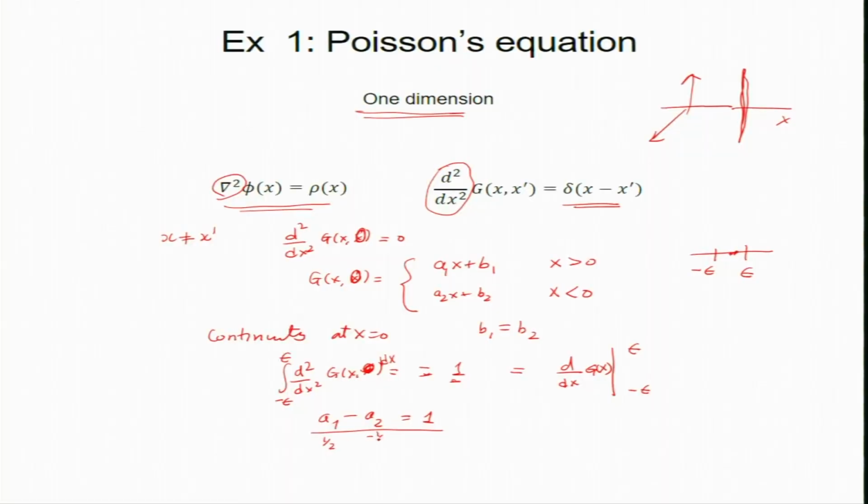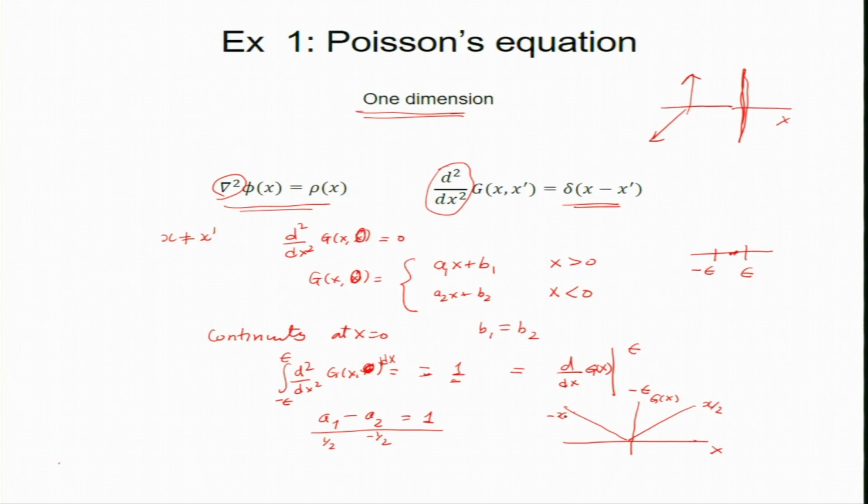I will choose a1 to be half and a2 to be minus half, and b1 I can choose to be 0. I just want the function to look manageable and simple. So, g of x is x by 2 for x greater than 0, since a1 is half, and for x less than 0, a2 is minus half, so it is minus x by 2.